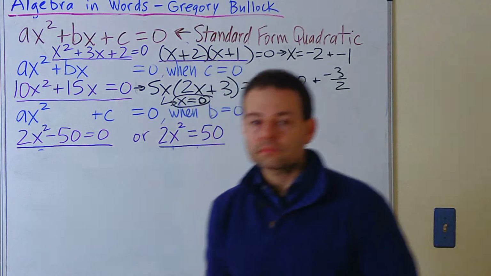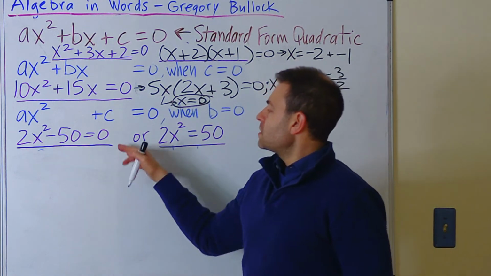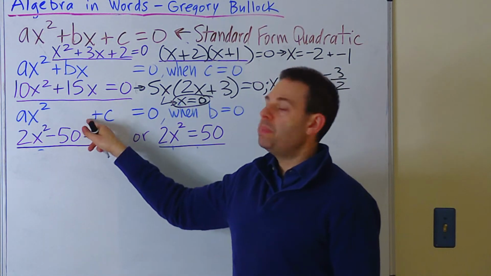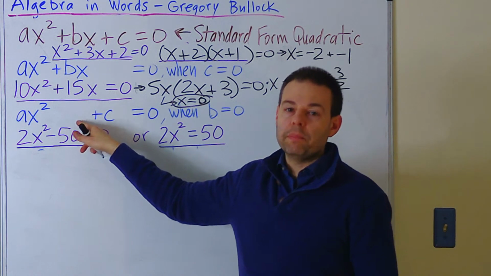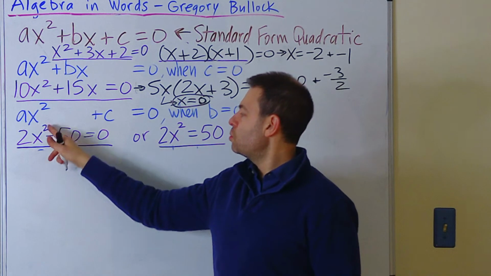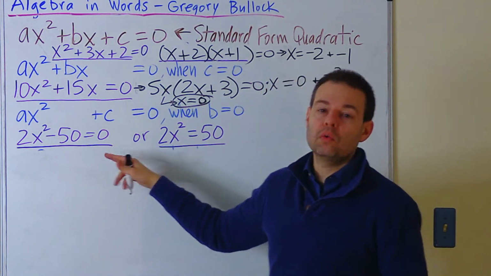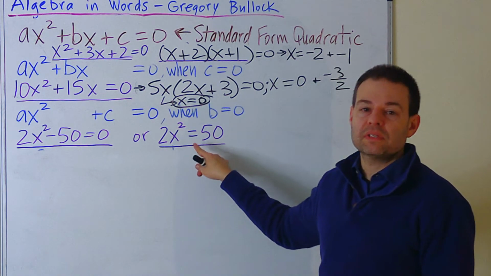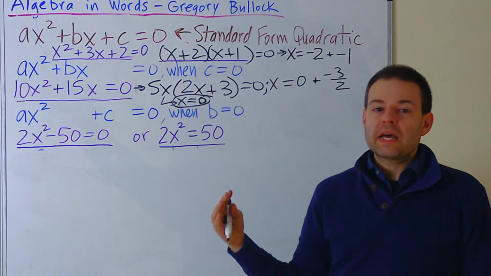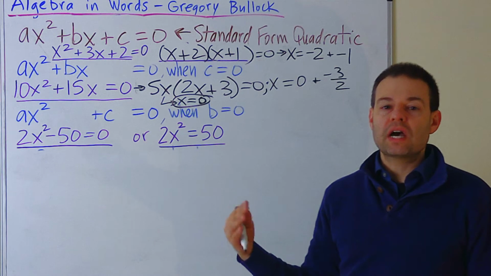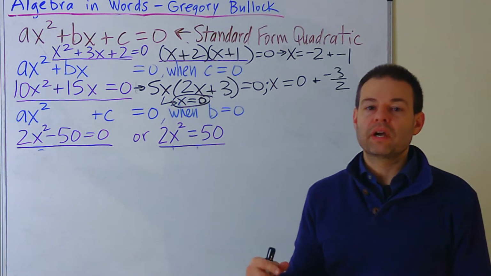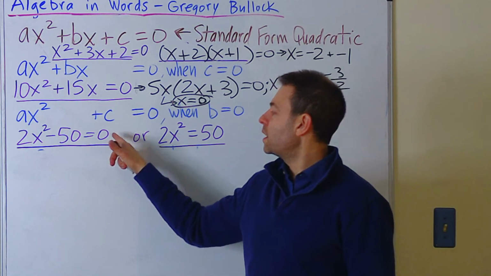Now the last type we're going to look at is when the b term is 0 and is essentially missing. And it could look like this: 2x squared minus 50 equals 0. Or it could come where both terms are on opposite sides. You can actually do this either way, and it's kind of up to your preference as long as you do it the right way. Let's start with this way.